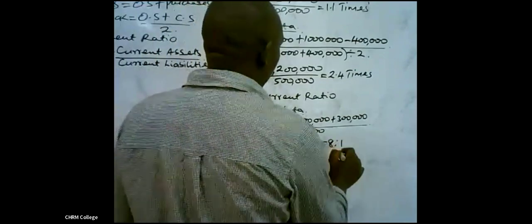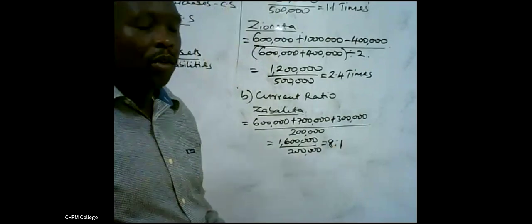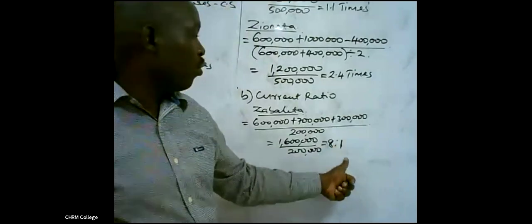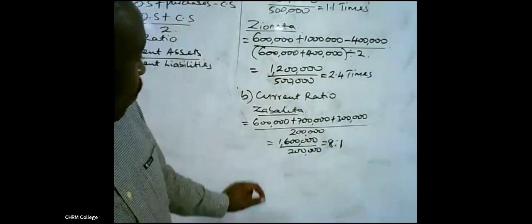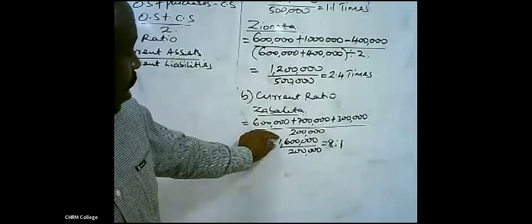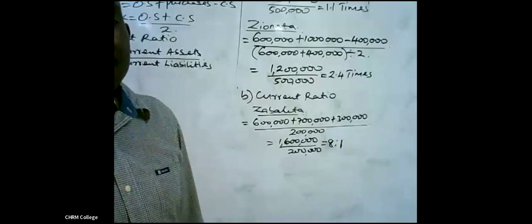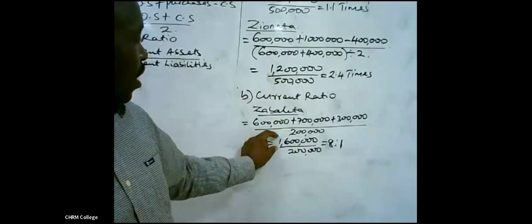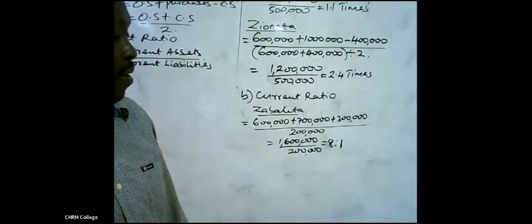This is the current ratio, also called the quick ratio or acid test ratio. The answer you get, you put in the form is to 1. So the ratio is 8 is to 1. For 8 units of current assets, we have got 1 unit of current liability.